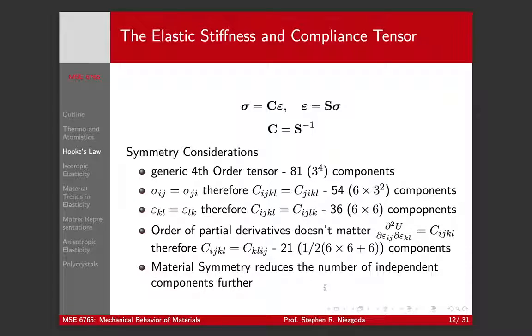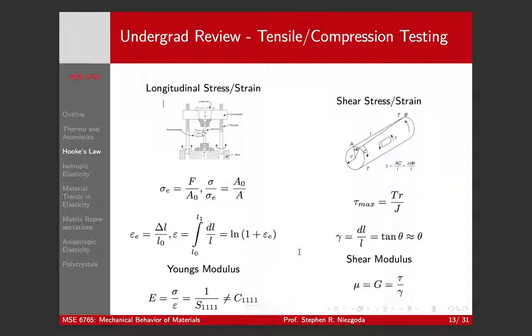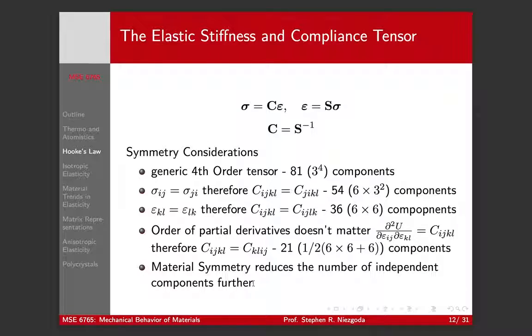But of course, material symmetry is going to reduce this greatly through the application of Neumann's principle. So many of the terms will show that they have to be either 0 or equal to each other.